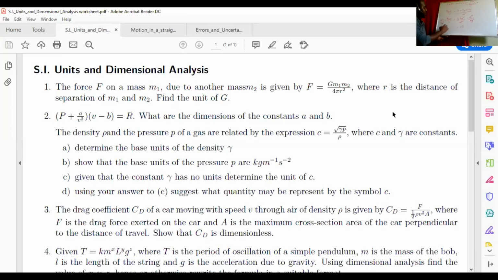So therefore, the unit here would be m squared times m, which is m cubed. And that's the only thing at the top. And at the bottom is kg and s squared. So that unit is meter cubed per kilogram per second squared. So that's what we would get.